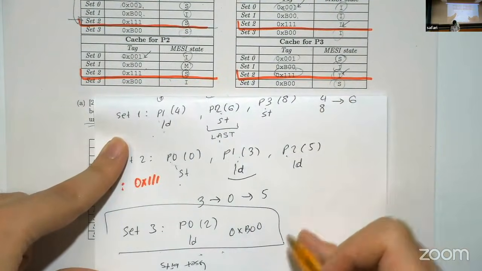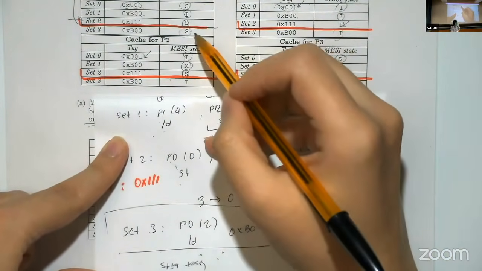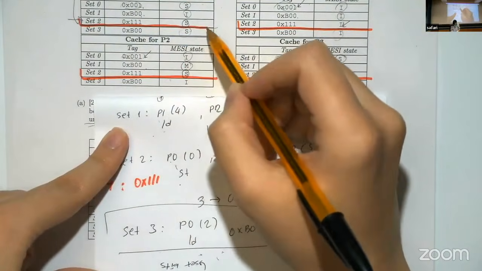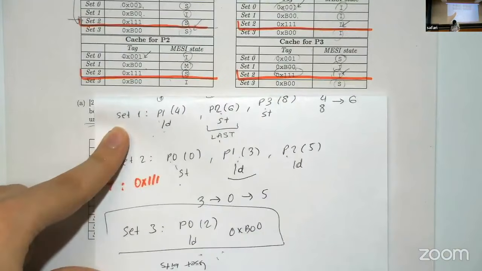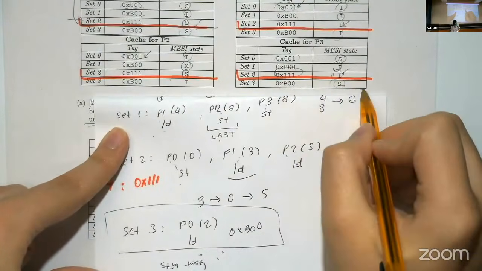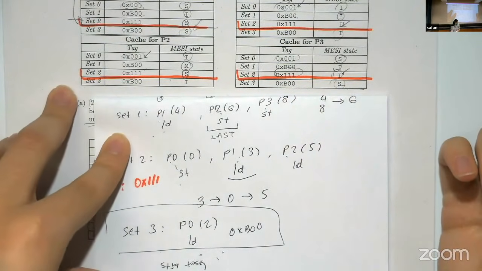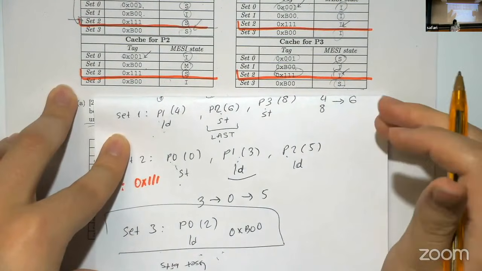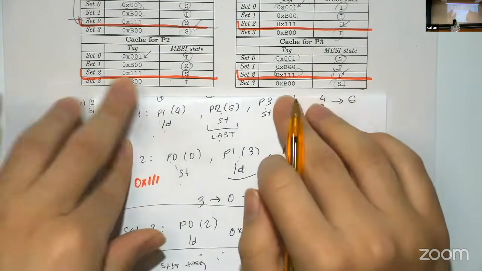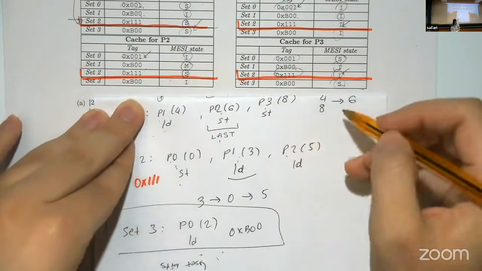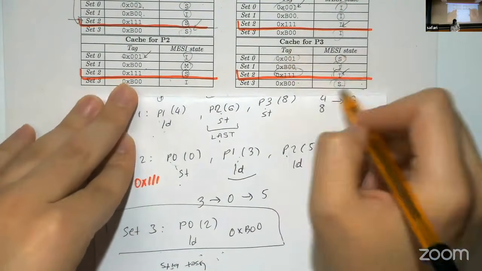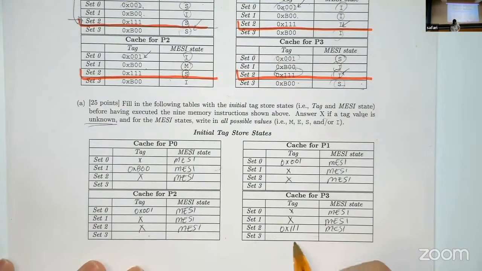We know that we basically loaded this cache block to P0, but we didn't do anything in here. So basically the cache block was there, right? So based on that, can you guess what would be the tag and state for this one only? Like these blank spaces.